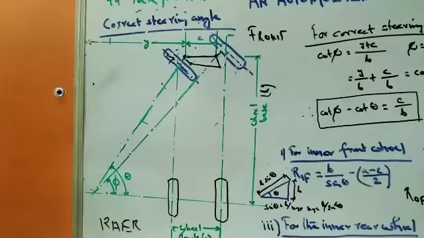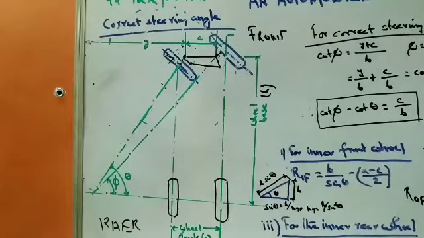While taking a turn, the condition of perfect rolling is satisfied if the axes of the front wheels, when produced, meet the rear wheel axis at one point. If this is achieved, then perfect rolling is satisfied by that steering system of the vehicle. This point is known as the instantaneous center of the vehicle.